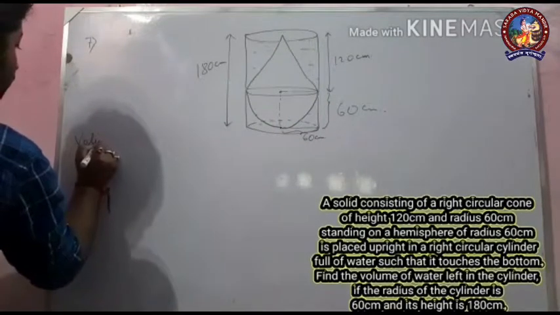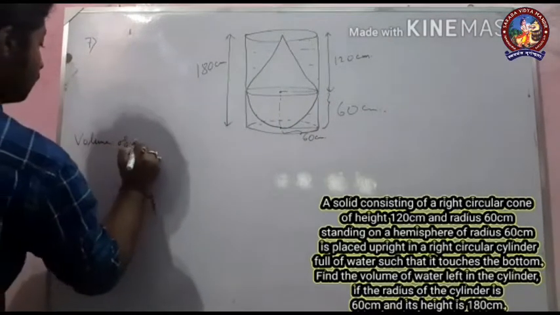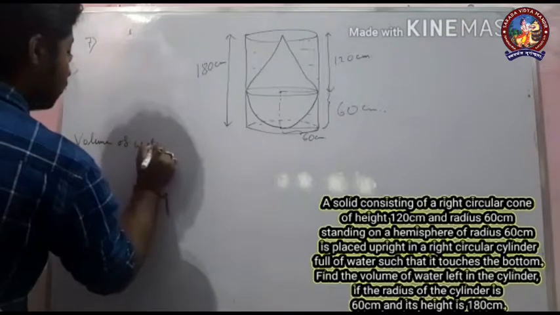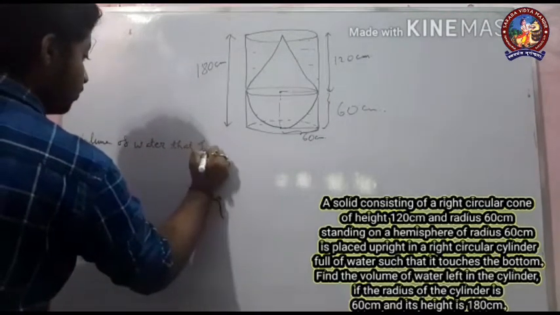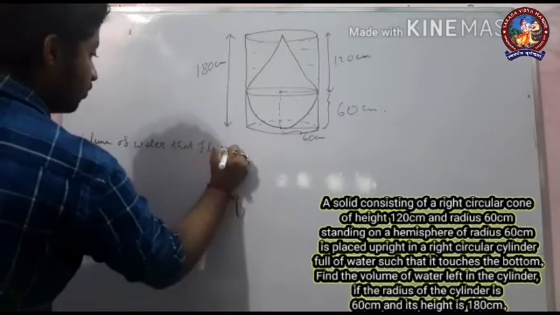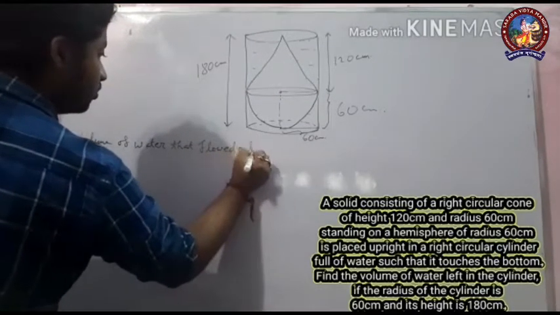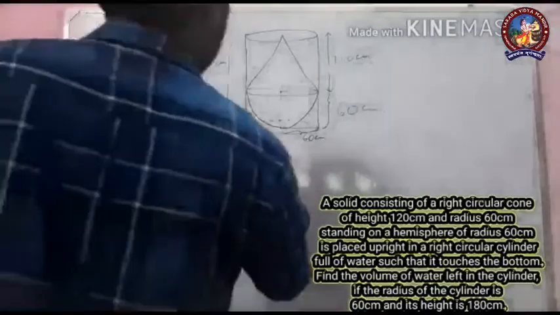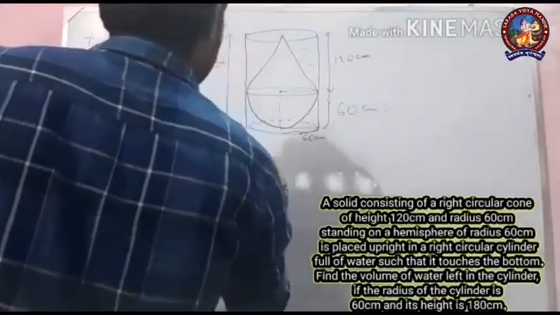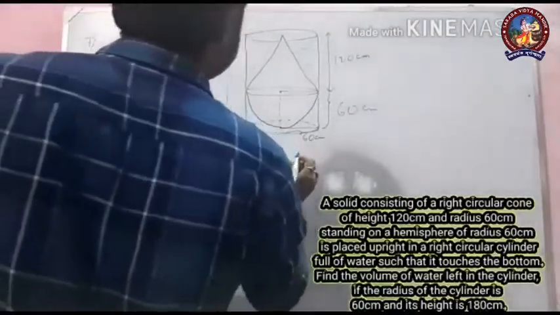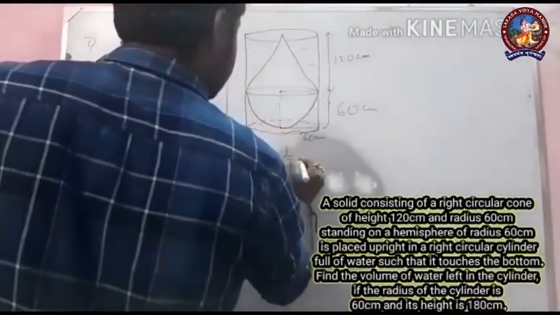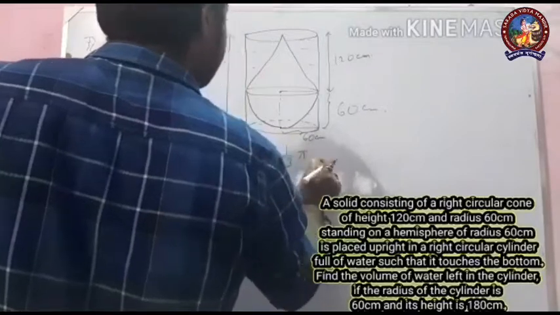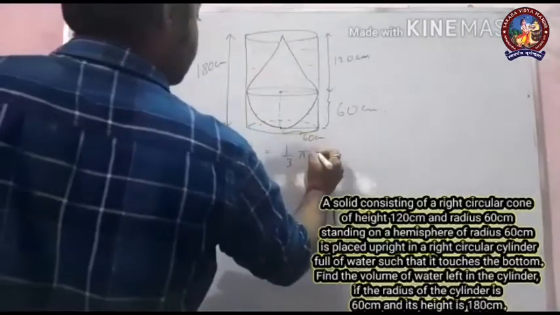Now the volume of water that flowed out: what is the volume of the cone? 1/3 pi r square h, right?